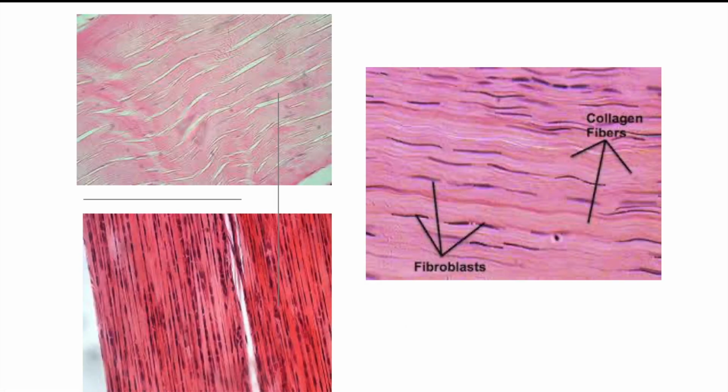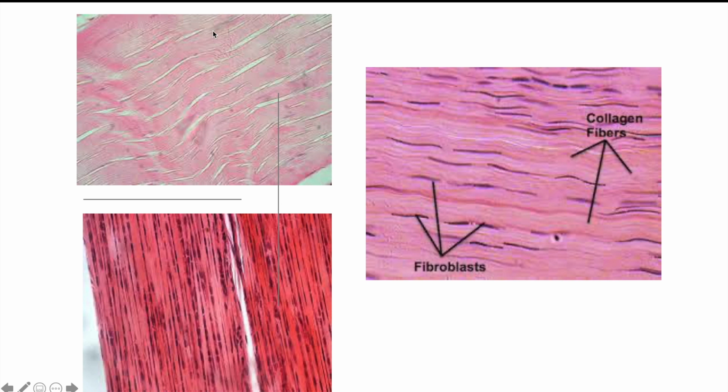Again, we want to look at some pictures to get a good sense of this, and here these look like they can vary quite a bit. Notice the big thing that you have to notice to realize it is dense regular connective tissue is the arrangement of the fibers, right? These fibers are all going in the same direction.